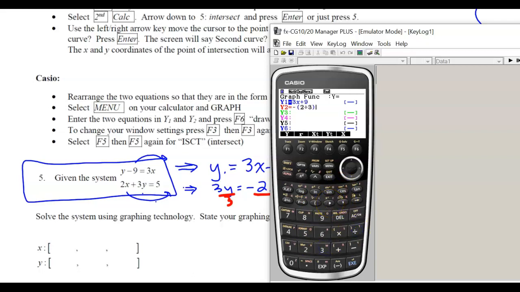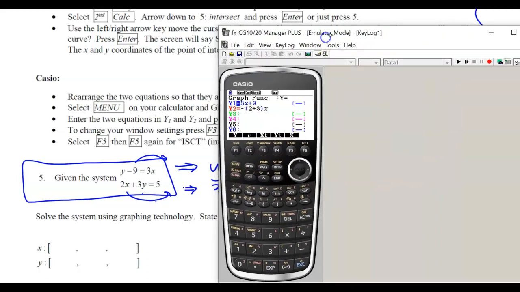Or you could do bracket negative 2 divide 3. Then your x, okay. Then what was the next part? Plus 5. So plus, this one, because there's no x, you don't have to do the bracket. 5 divided by 3. Execute on that, and you'll notice it converts it to fractions.